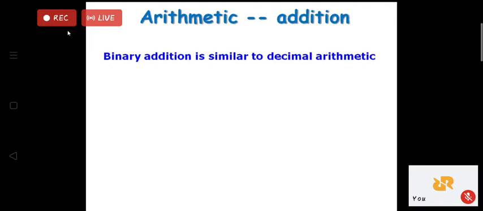In the GATE level exam, they deliberately change the base to anything, and they test whether you are able to do the numerical on that or not. But for second year level, decimal, binary, hexadecimal, and octal are the number systems on which topics are mostly asked.